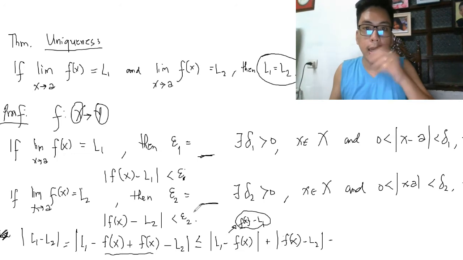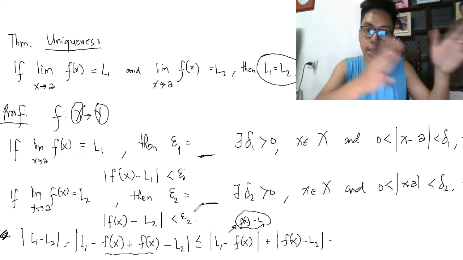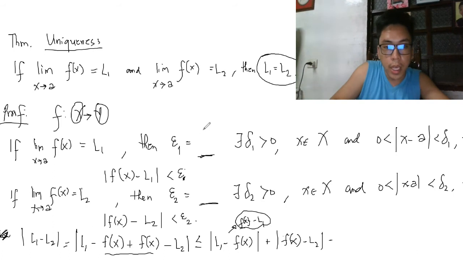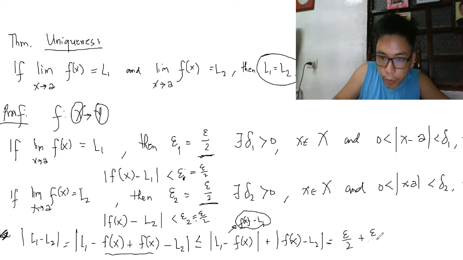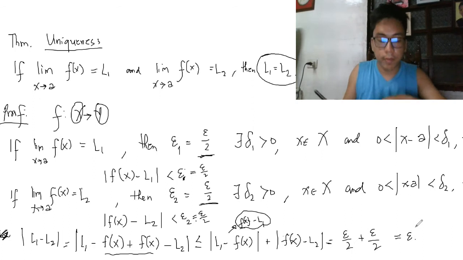So if you add the two epsilons, we will know that this is epsilon over 2 and this is also epsilon over 2. In that way, this one here is less than epsilon over 2, and this is less than epsilon over 2. That is equal to epsilon.